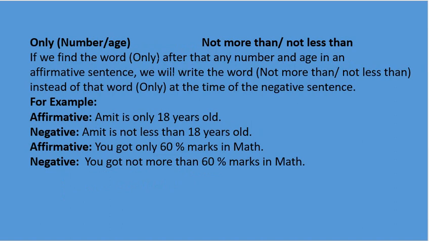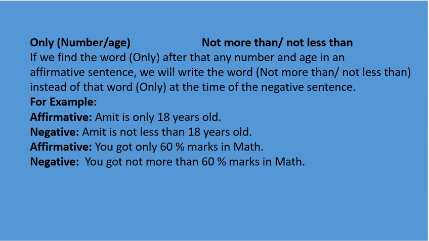Only number, age: not more than, not less than. If we find the word "only" before any number or age in an affirmative sentence, we will write the words "not more than" or "not less than" instead of the word "only" at the time of the negative sentence.